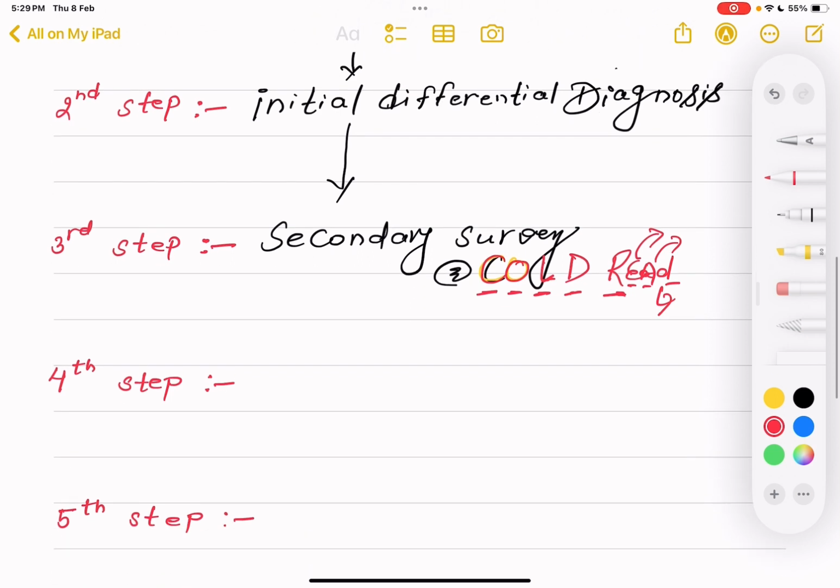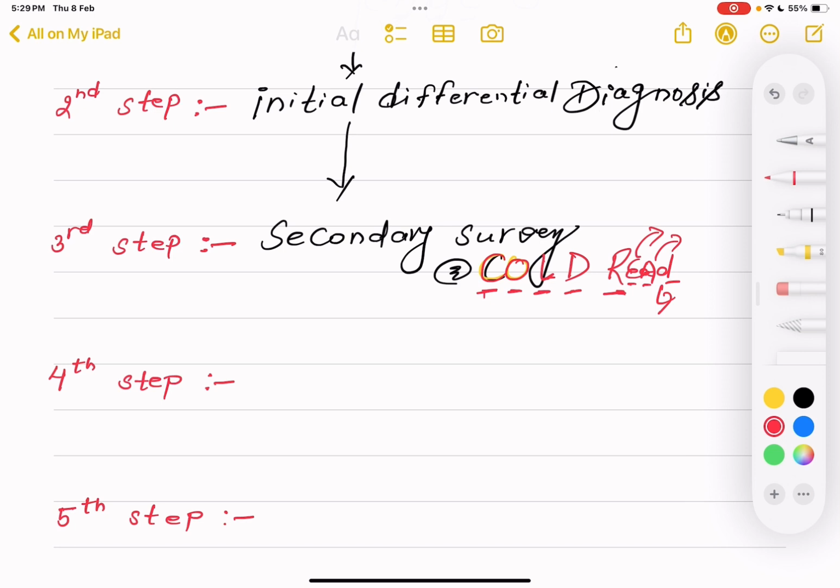Okay, so this is the way we can ask in the secondary survey. Means we are going to elaborate the presenting complaints or the chief complaints in a very elaborated fashion in the secondary survey.